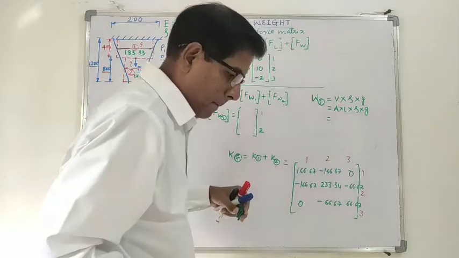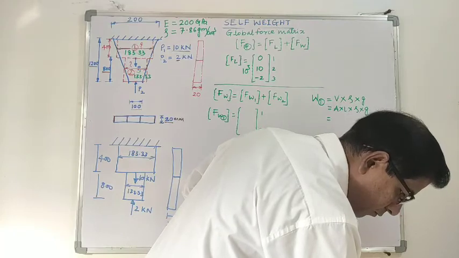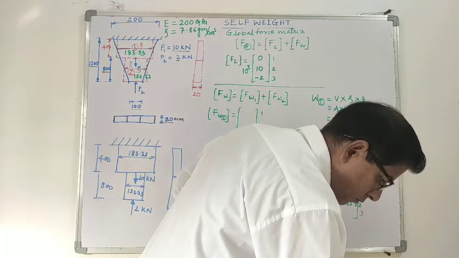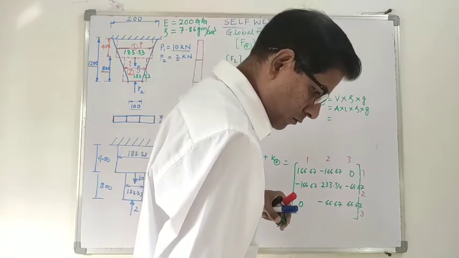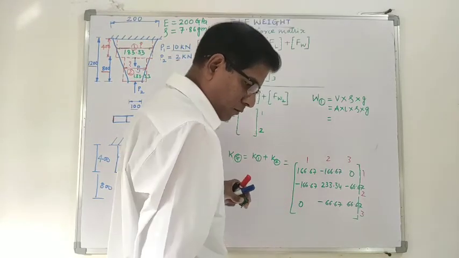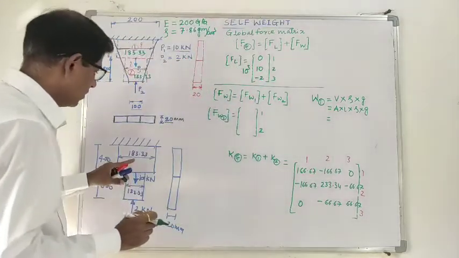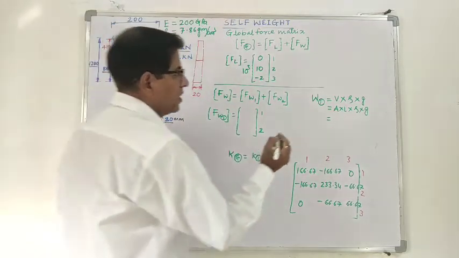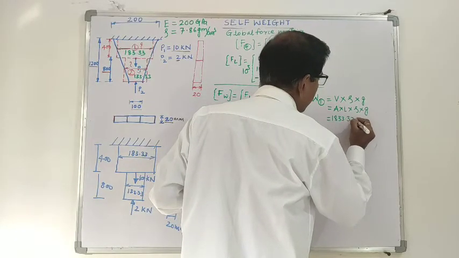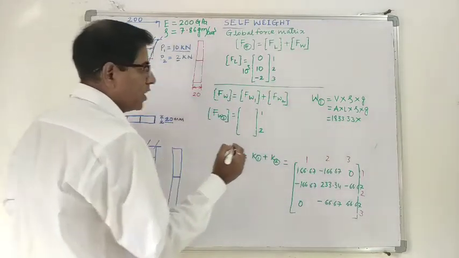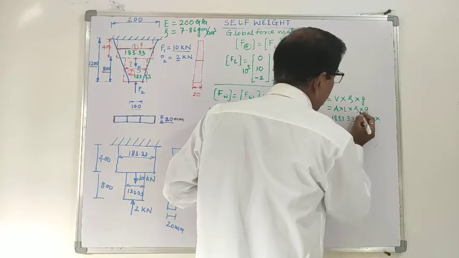Okay, so the weight: the area of the first section is 183.33, length is 400, rho.